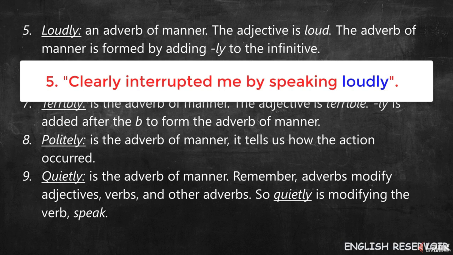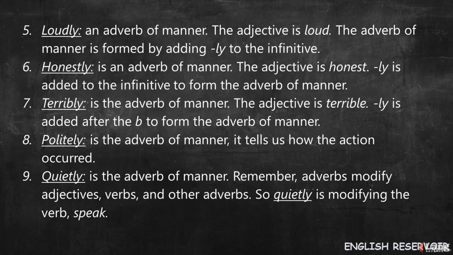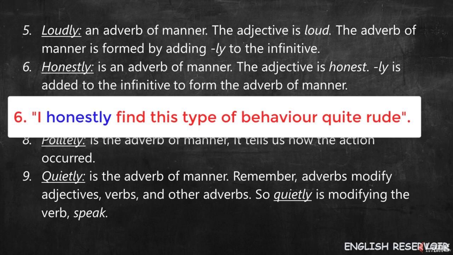Loudly. An adverb of manner. The adjective is loud. The adverb of manner is formed by adding ly to the adjective. 6. Honestly is an adverb of manner. The adjective is honest. ly is added to form the adverb of manner.